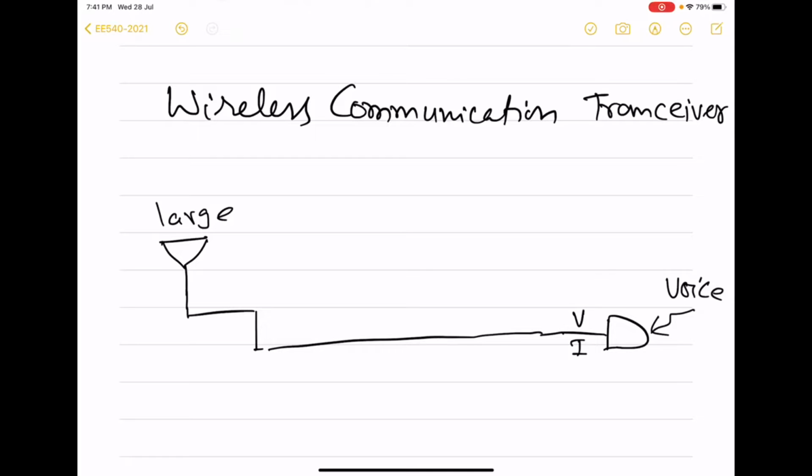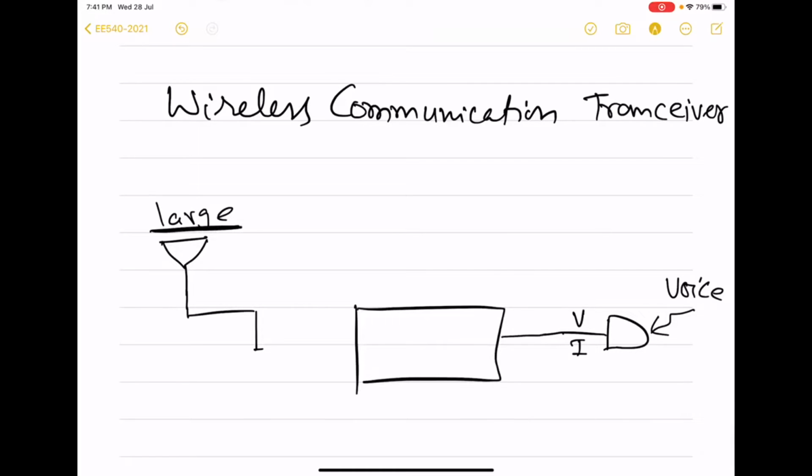So to reduce the size of antenna, to separate each user from others so that the receiver receives only one specific user, and also to amplify these quantities, we need to put a set of circuits between this microphone and antenna. We will see shortly what these circuits are. So this is the transmitter path.